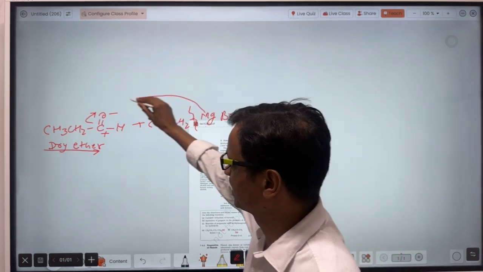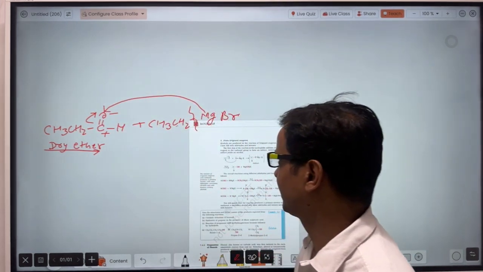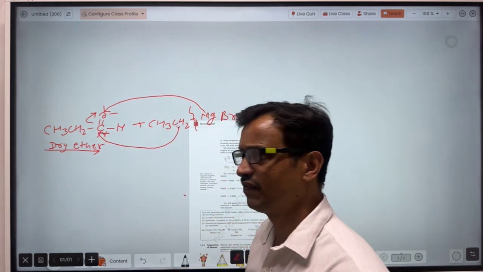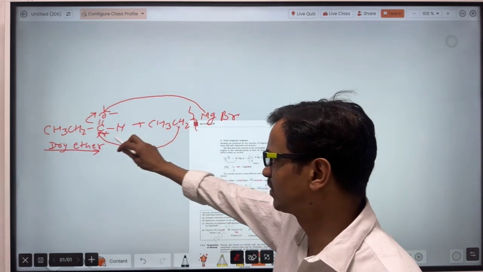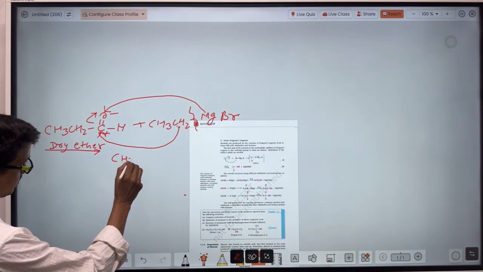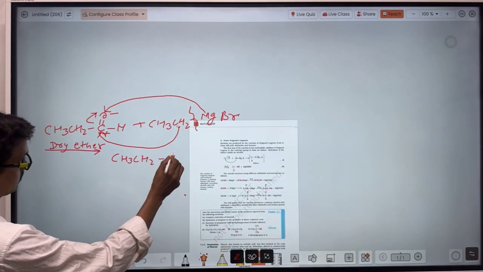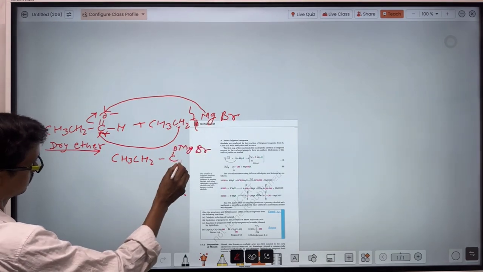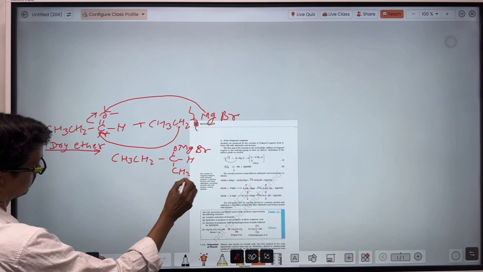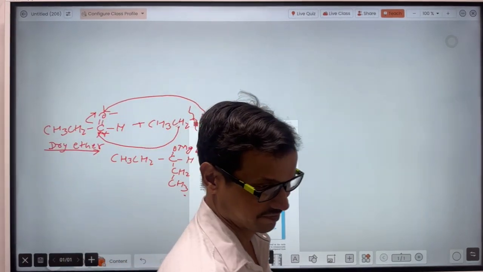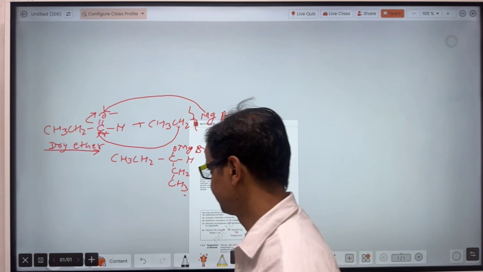So magnesium will go towards the negative side, that is oxygen, and this carbon will go towards the acyl carbon. So the compound will become this compound, and then we pass water.